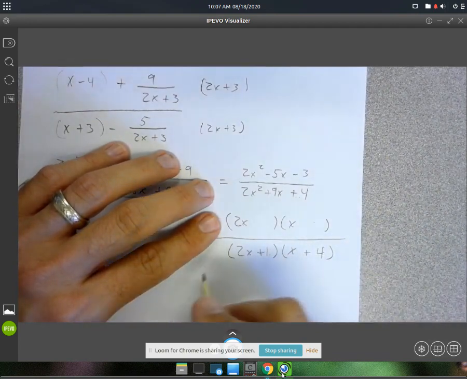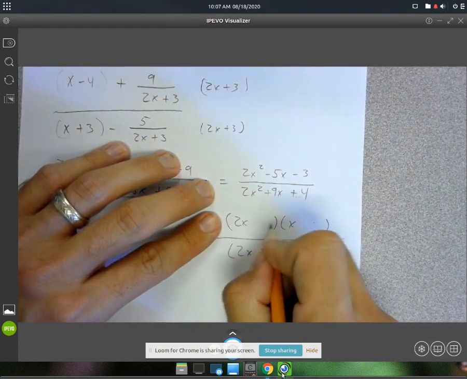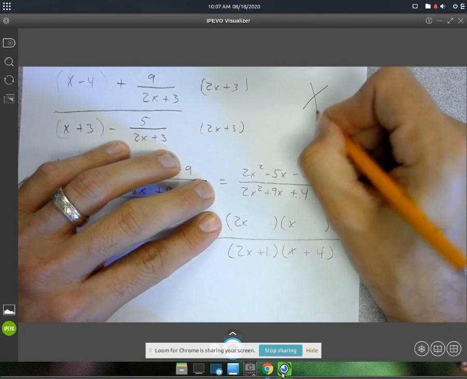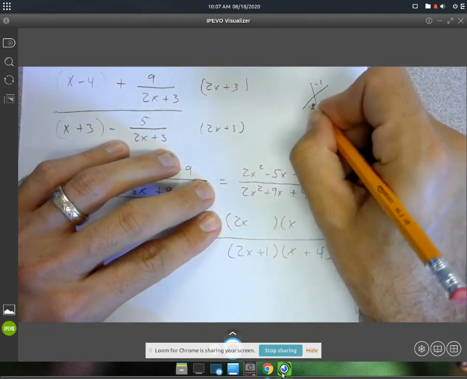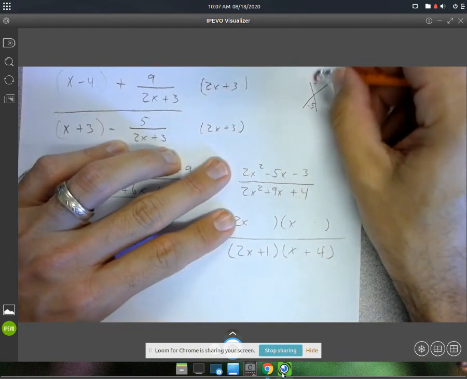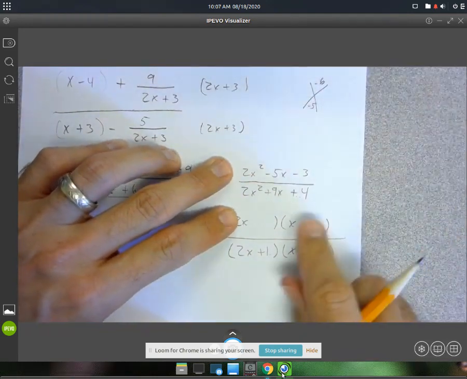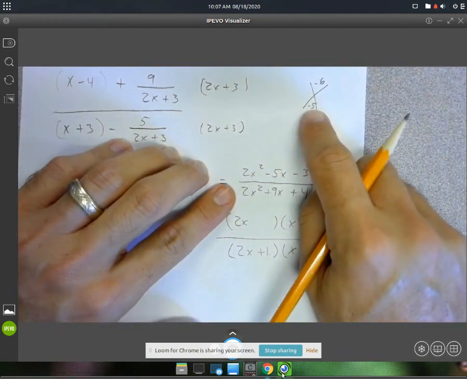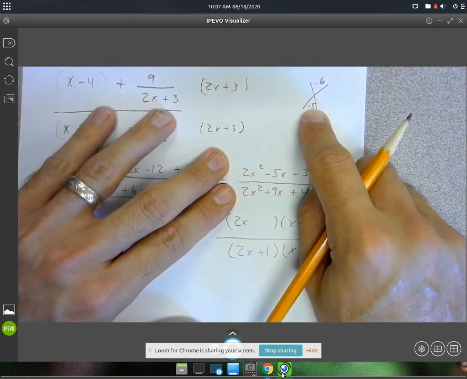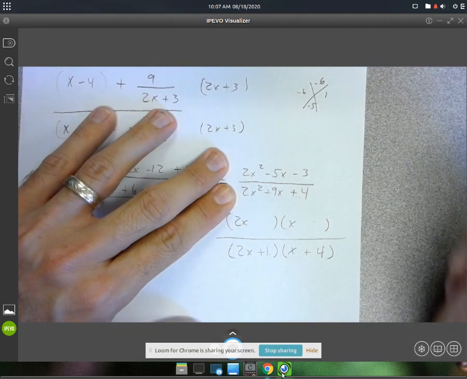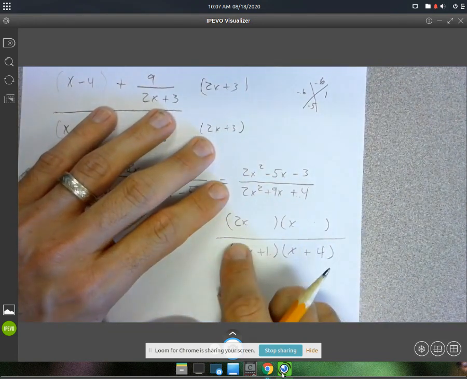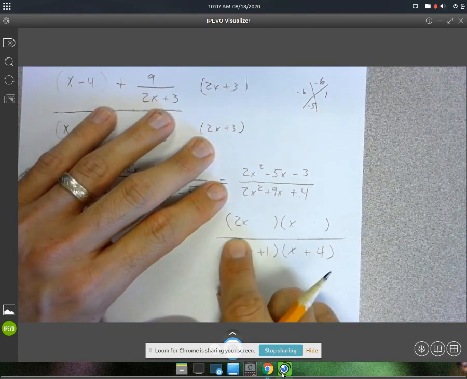Yeah, I guess I'll try the options here. So factors of negative 3 that add up to negative 5. Oh, sorry, factors of negative 6, and because we have a 2 here, that give us negative 5. That's going to be negative 6 and positive 1, but then we have to divide them by 2.